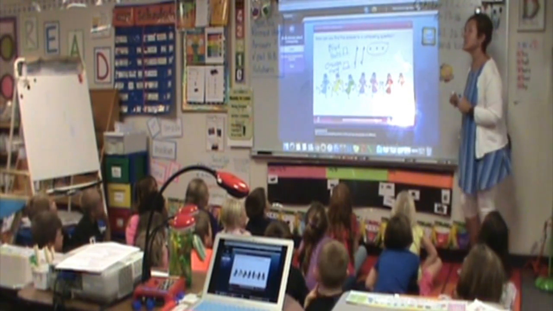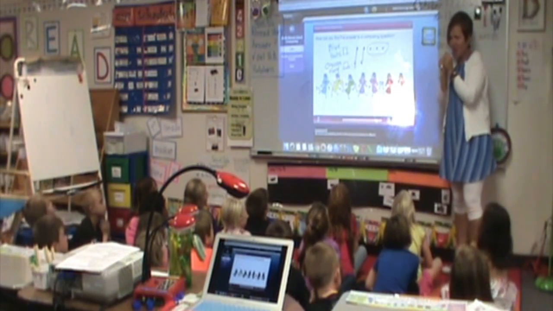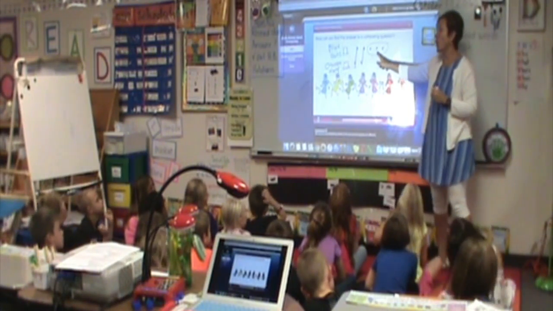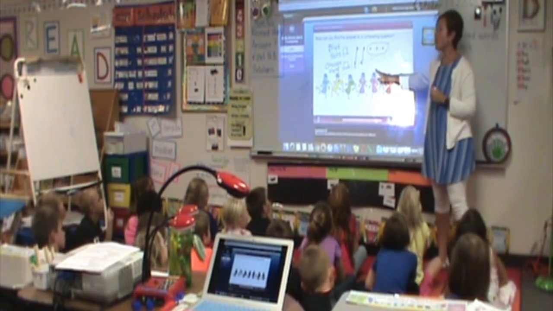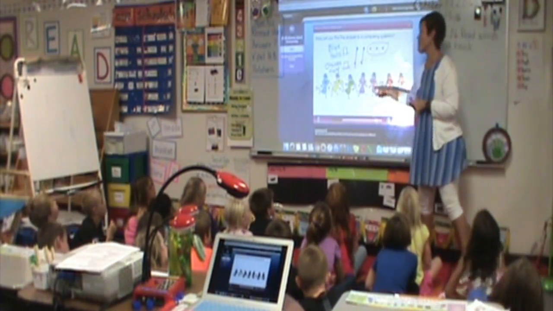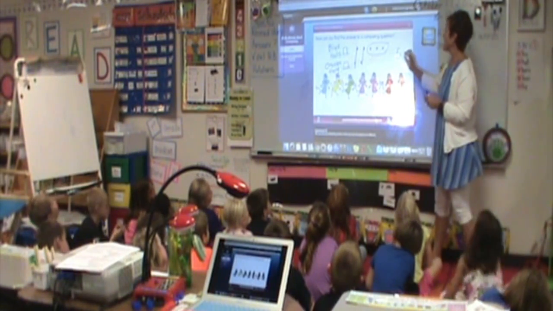In order to turn this into a subtraction problem, instead of finding the whole like we've been doing, I'm just going to take away my orange hats from my blue hats. I had 1, 2, 3, 4, 5 blue hats.